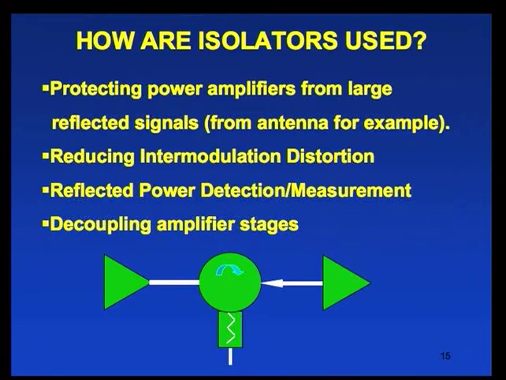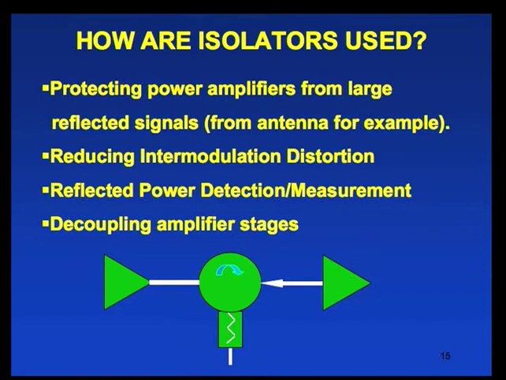How are they used? Well, they're used for a number of different purposes. One is to protect the power amplifiers, which would be this unit here, and here is our circulator with termination, which absorbs energy. They protect the power amplifiers from large reflected signals from antennas, which could damage the power amplifier.